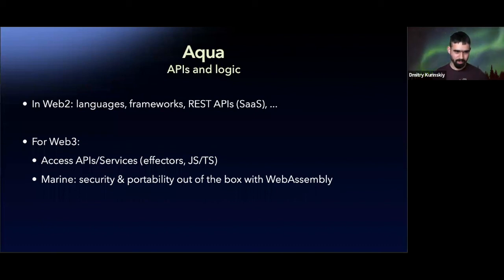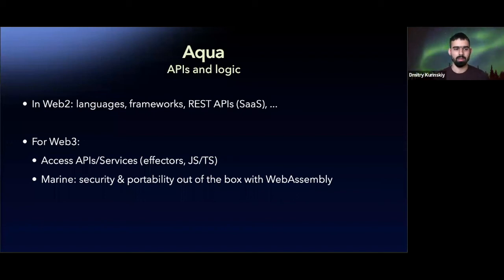For Web3, everything is a bit harder because you know about the problem of blockchain bridges, for example. It's not trivial to get data from one storage to another storage if you consider a blockchain as a storage, for example.